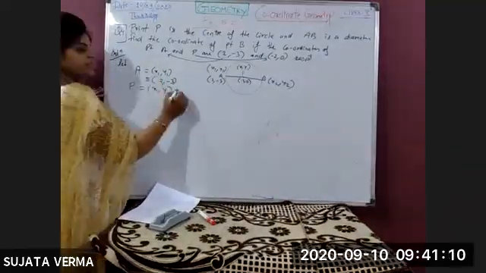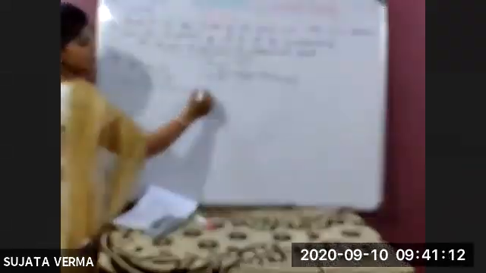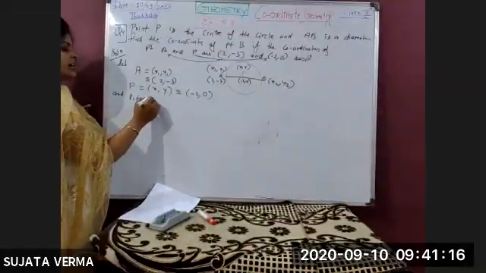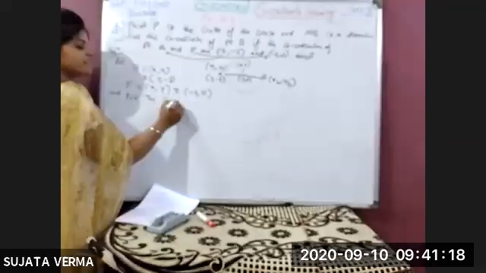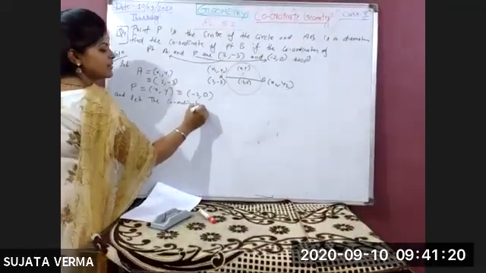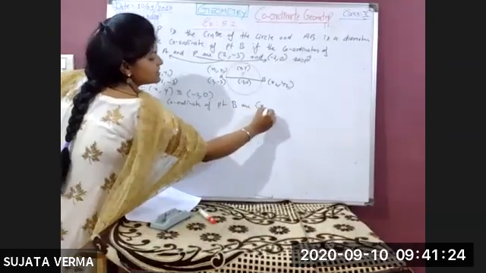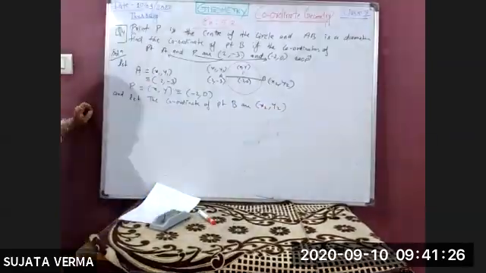That is equivalent to -2 comma 0. And let the coordinates of point B be x2, y2.